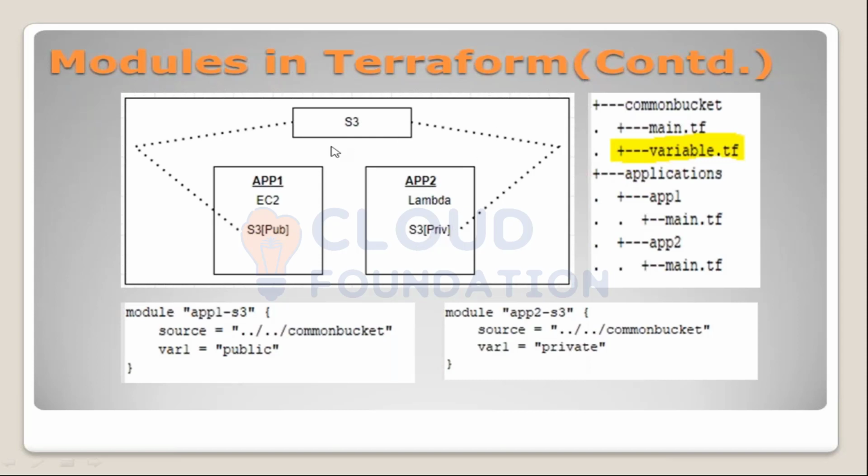This one will have certain variables. Where will those variables be defined? Those will be defined in a variable.tf here at the generic level. That's how two variable.tf files would be there. Whatever reusable component you are calling and passing arguments to, the variable definitions for those arguments will be here in the commons, in your generic area. Whatever is directly configured under the application, the variables for them would be present there.